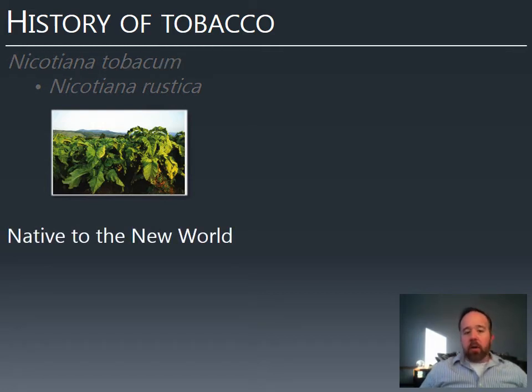Tobacco is actually native to Central and South America, rustica to North America, and so the original European colonists grew the varieties that were native to those areas. But tobacco is in most ways a better product in terms of nicotine content, ease of cultivation, things like this.